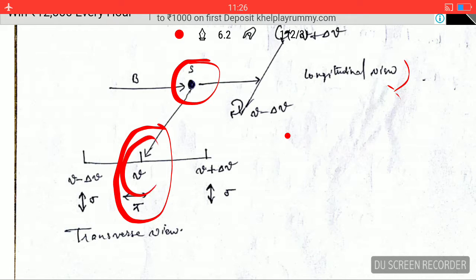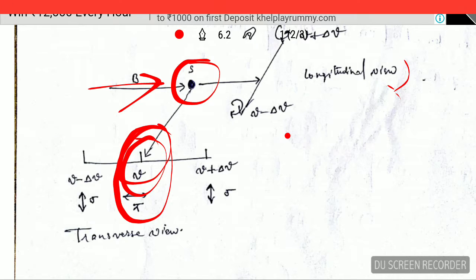So this has the same frequency, and this line is plane polarized, and its polarization is parallel to the direction of the magnetic field.